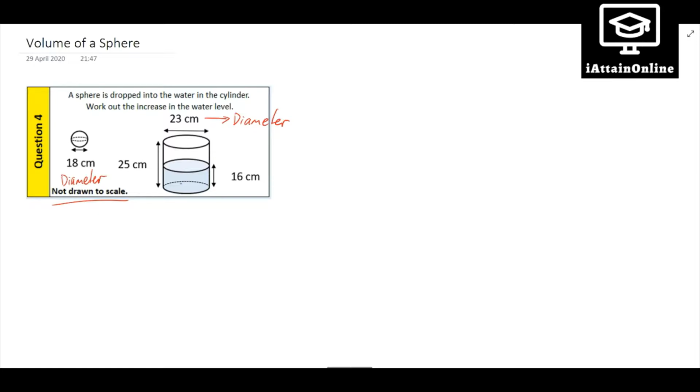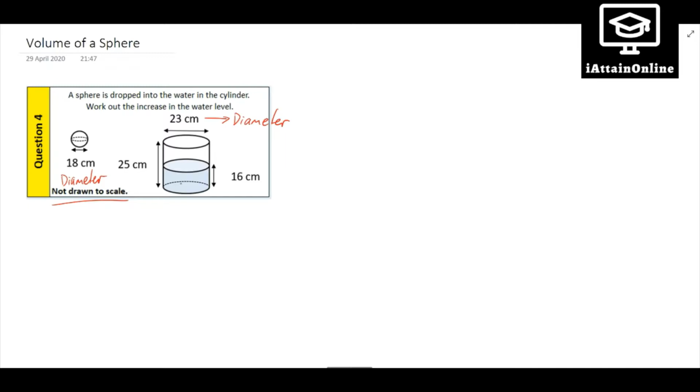If I were to drop that sphere into the cylinder, it would displace some of the water, and the water level inside the cylinder would rise. The amount that water rises is equal to the water that has been displaced by the sphere. And that water that's been displaced would be equal to the volume of the sphere.